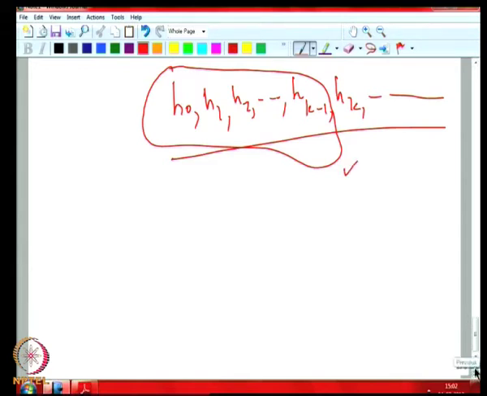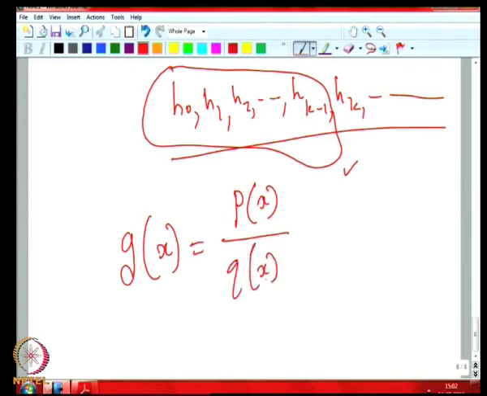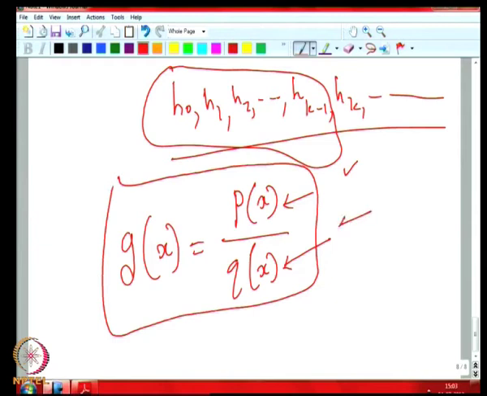So, what we have proved is, if g of x is given as p of x by q of x for p of x any polynomial of degree less than k, q of x a polynomial of degree k and constant term not being equal to 0, right, then we can get a corresponding sequence for this g of x. This is what we have shown.